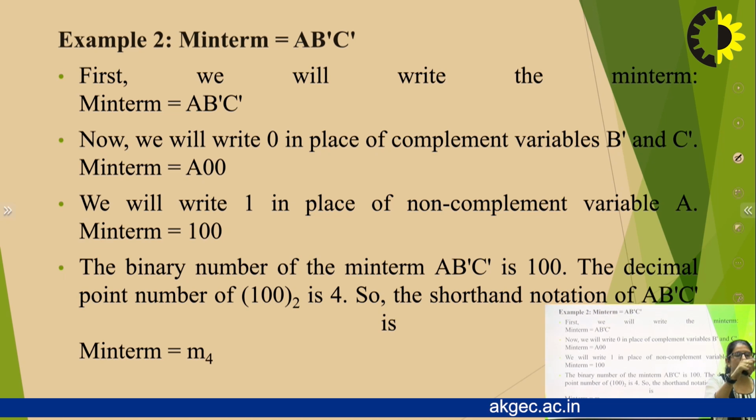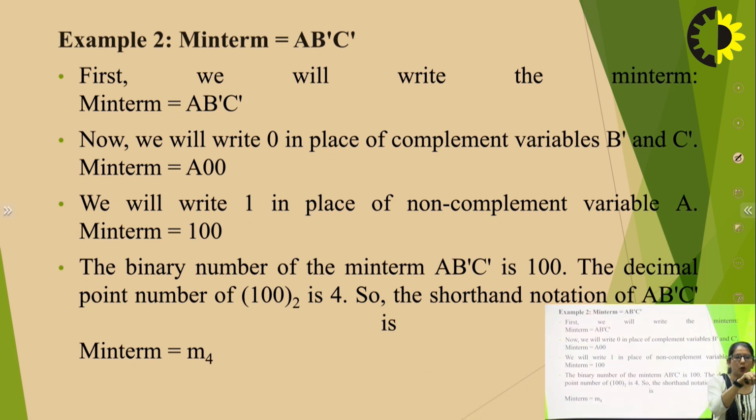So below 4 there is 1, below 2 there is 0, below 1 there is 0. It means the possible decimal value will be 4. So the shorthand notation for this given minterm is small m with the subscript 4, right?